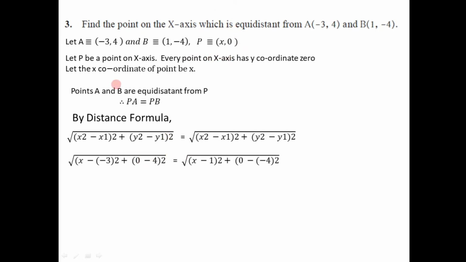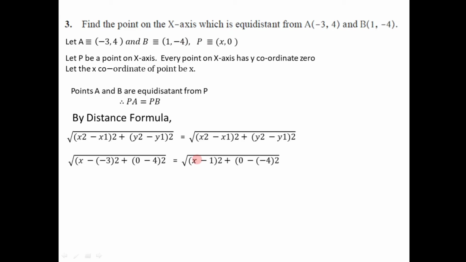That's why 0 minus y1 is 4. So (0 minus 4) whole square. In the same way, we can find the distance PB by having the coordinates of point B as x1, y1 and the coordinates of point P as x2, y2.